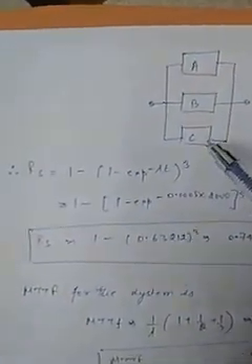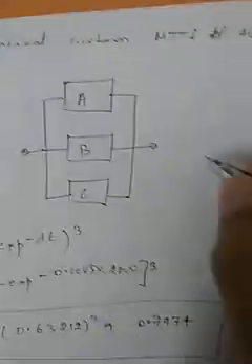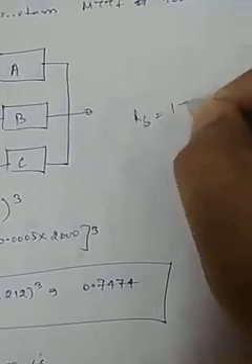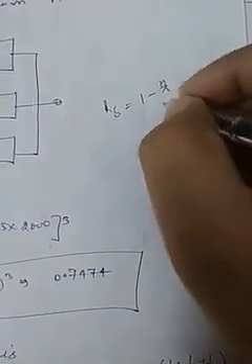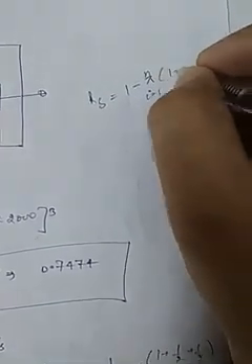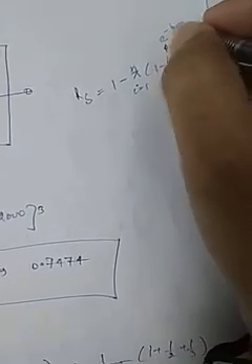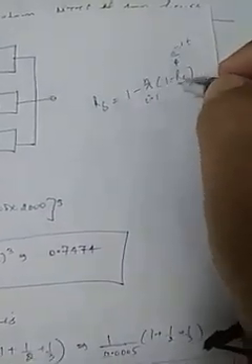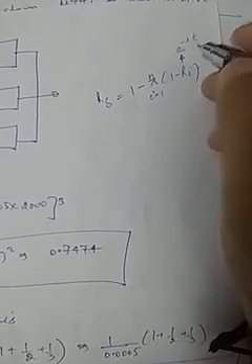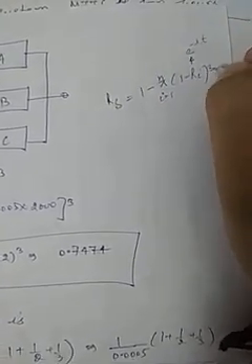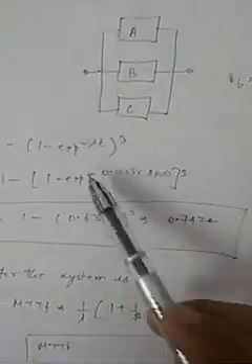The system reliability is given by the same formula, Rs equal to 1 minus the product of (1 minus Ri), and since it is exponential, Ri is e to the power minus lambda T. For all three components lambda is the same and T is the same, so we can write 1 minus (1 minus e to the power minus lambda T) to the power 3.